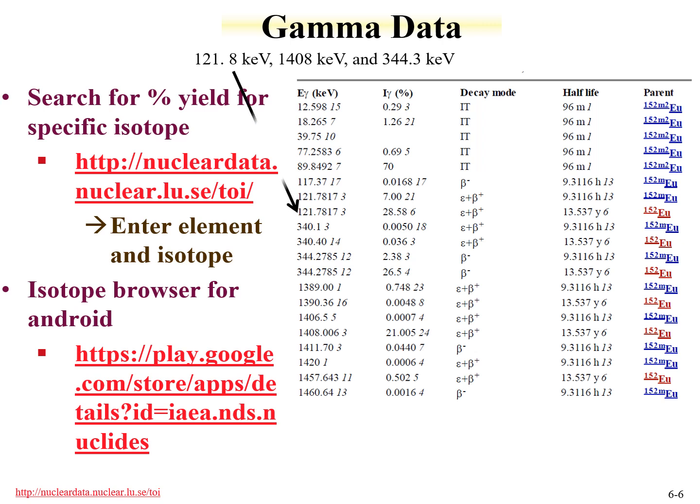So for instance, with the europium-152 example that we've gone through, here's the data for 121.8 keV. What I wanted to point out is that there are 2 values for the decay of 121.8. You can see that one of these values is for the metastable state and one's for the ground state.